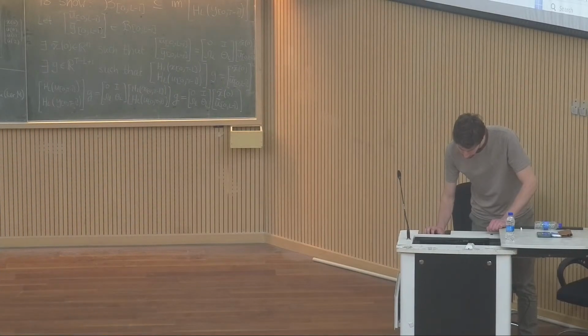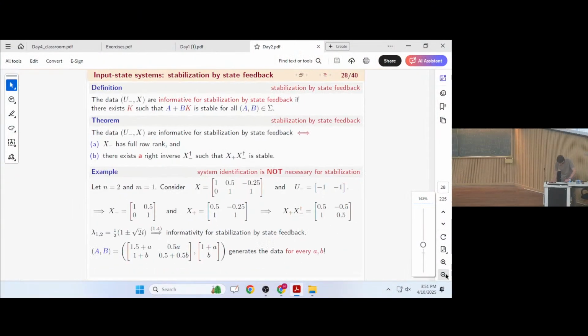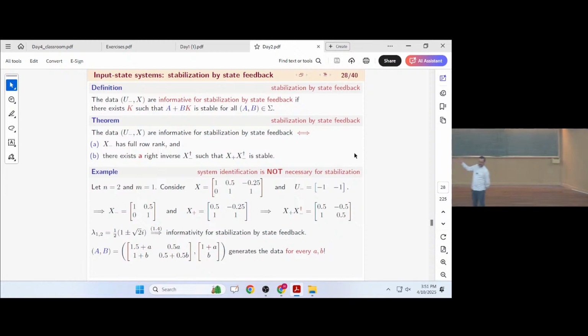So in day 2, we proved the necessary and sufficient conditions for informativity for stabilization by state feedback. And there was also a question during the lecture whether we can assign the poles, like in pole placement, arbitrarily, like one can do in a model-based approach.